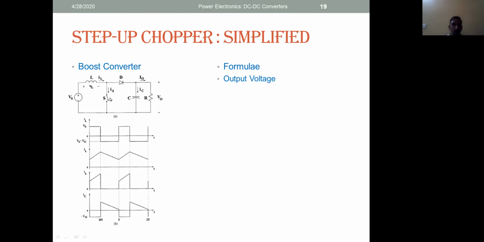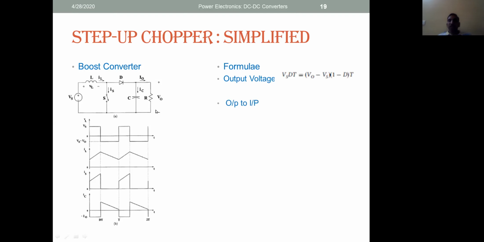During the off period, when the switch is open, the source is feeding the load through this diode. The capacitor is getting charged and the load voltage V0 is in the direction shown.